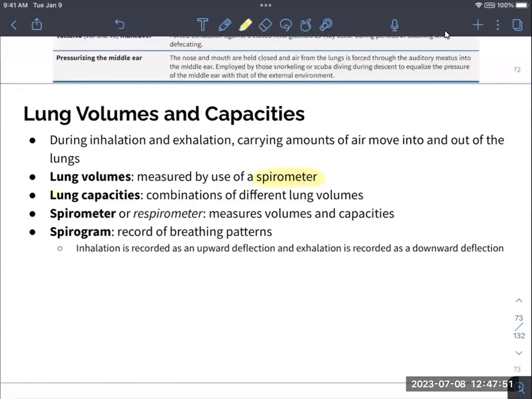We can use those spirometers to figure out your lung capacities, which are those different lung volumes. A spirometer measures those volumes and capacities. A spirogram is where we record those breathing patterns over time.